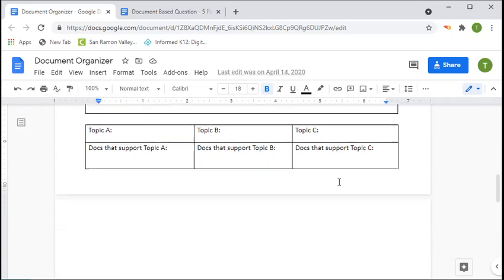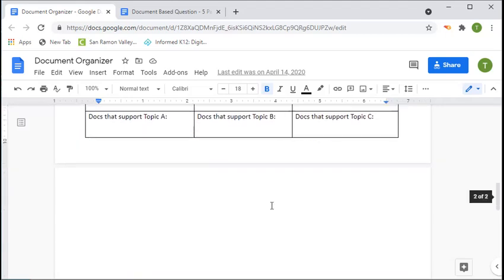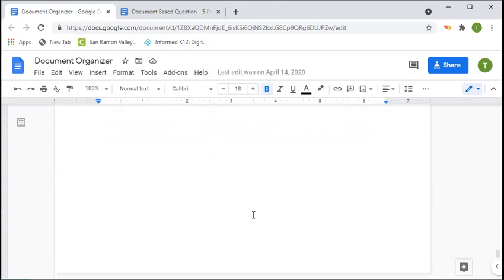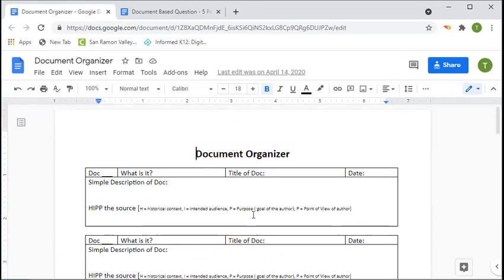So anyway, you're going to be going through this process for the assignments I'm going to give you, not on the actual day of the DBQ.